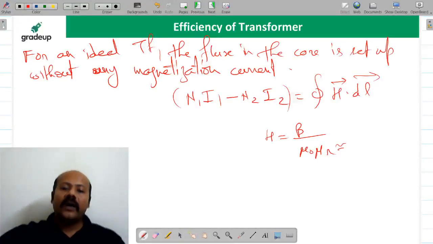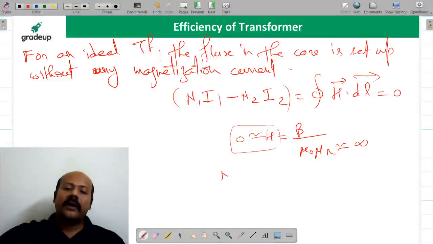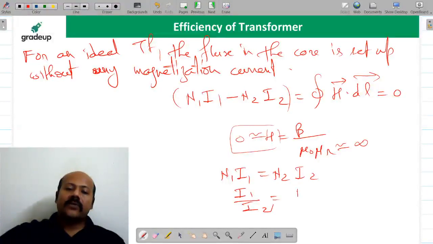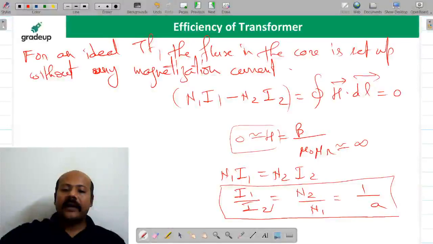But this mu r we are saying is infinity, very high. So this H is going to be almost 0, you can say. If H is 0, this is going to be 0, beta. So you can write N1 I1 is equal to N2 I2, or you can write I1 upon I2 is equal to N2 upon N1, which is 1 by a. This we are writing for the ideal transformer.